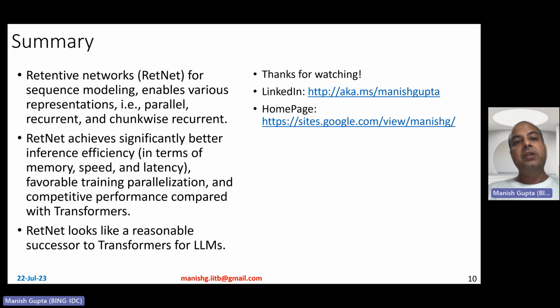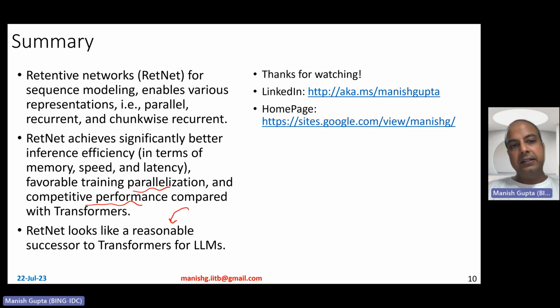In summary, in this video, I talked about retentive networks for sequence modeling. It enables various representations: parallel, recurrent, and a hybrid one called chunkwise recurrent. RetNet achieves significantly better inference efficiency in terms of memory, speed, and latency, thereby providing you training parallelism, competitive performance, low latency, as well as very good performance at inference time. Right?